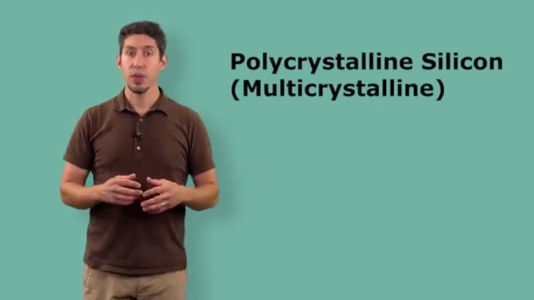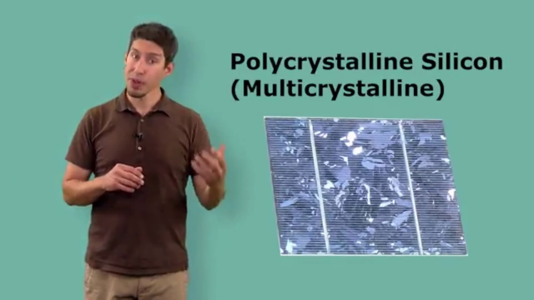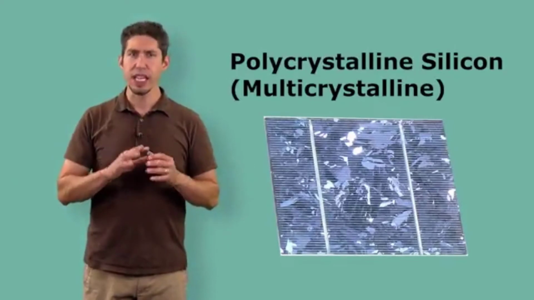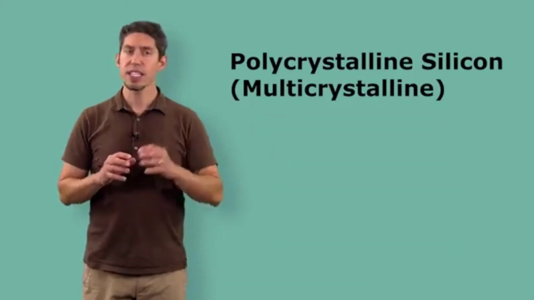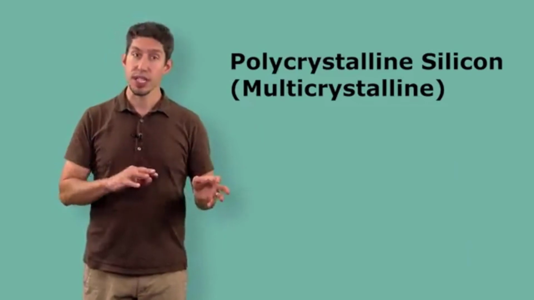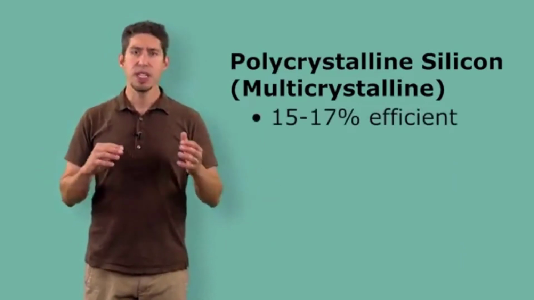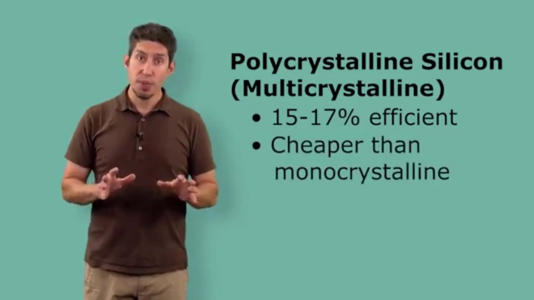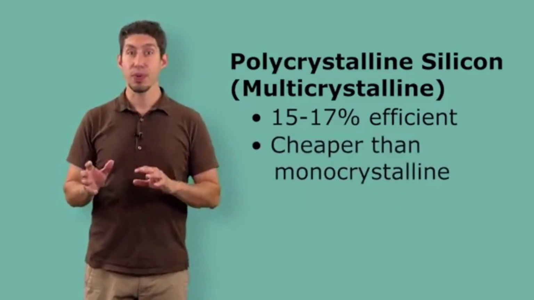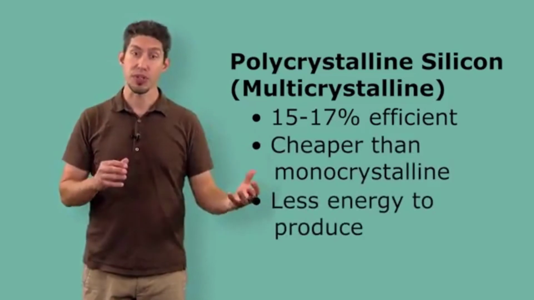Most commercially available modules are either made of monocrystalline silicon or polycrystalline silicon. Polycrystalline silicon, which is sometimes also referred to as multicrystalline silicon, has a flaky appearance. It's a little less efficient in converting light to electricity than the monocrystalline silicon, in the range of 15 to 17%, but it's cheaper to manufacture because it's not as pure or energy intensive to produce.